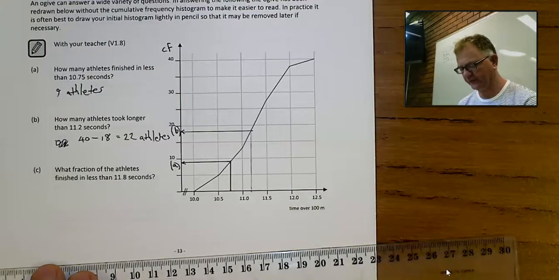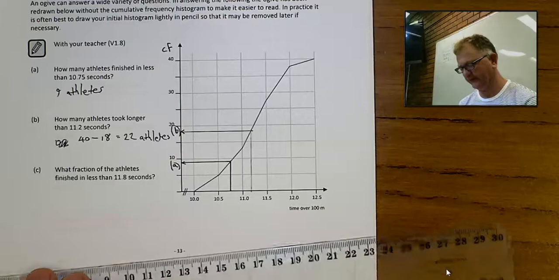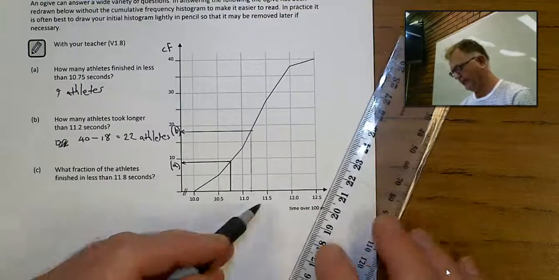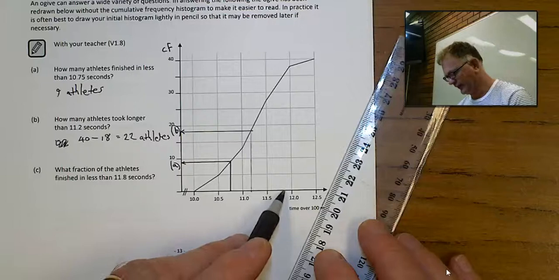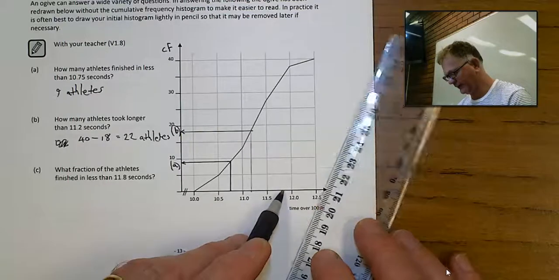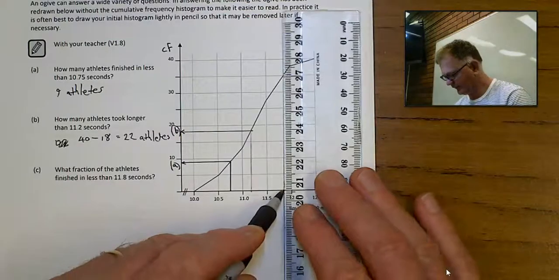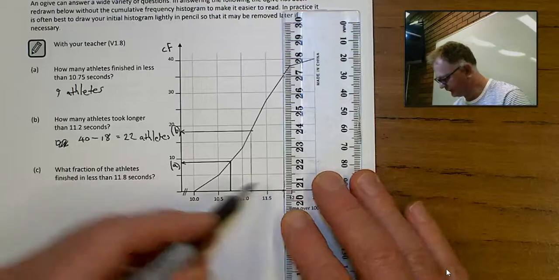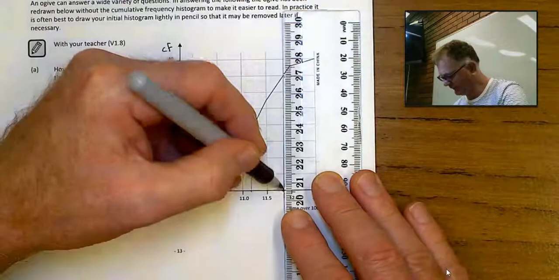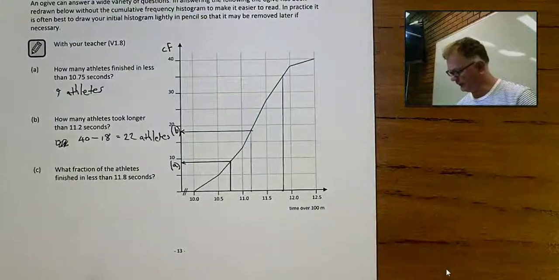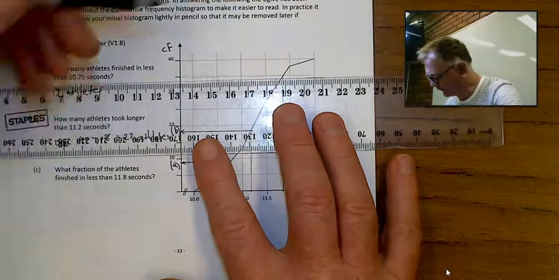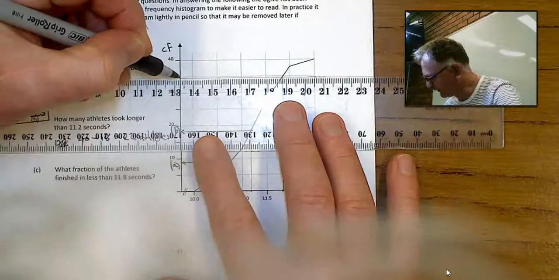What fraction of athletes took less than 11.8 seconds? Less than 11.8. So 11.5, 12, 11.8 I reckon would be about there. Up to the graph. Make sure you're keeping your ruler straight. And what we get right up looks to me to be pretty much exactly on, or very close to 35.